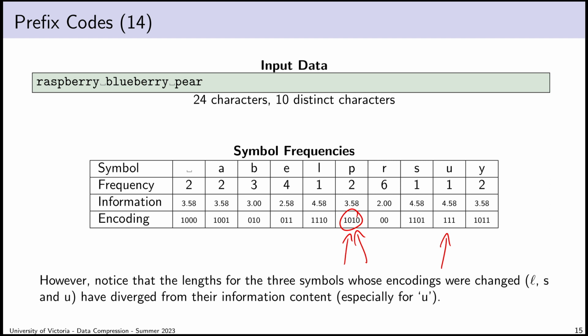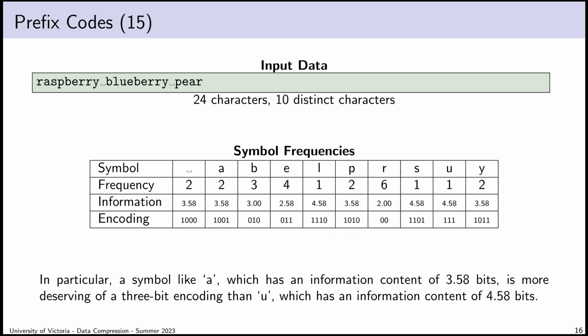And that's a bit of a problem, because the fact that it has less information means it occurs more often. So P occurs twice, as opposed to only once. So I'm going to get more of a benefit by reserving a shorter encoding for P and allowing U to have a longer encoding. So really what I'm saying here is that there are some symbols that are more deserving of that 3-bit encoding than U. So my ad hoc manipulation of the tree wasn't really fair.